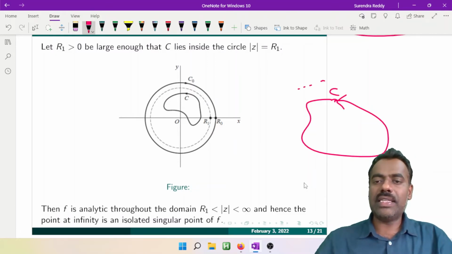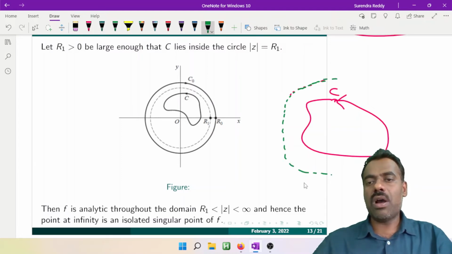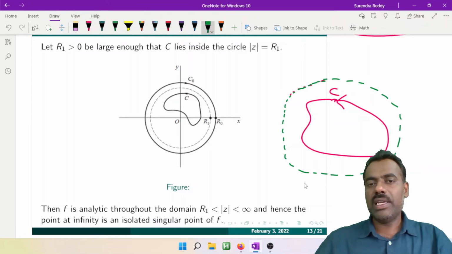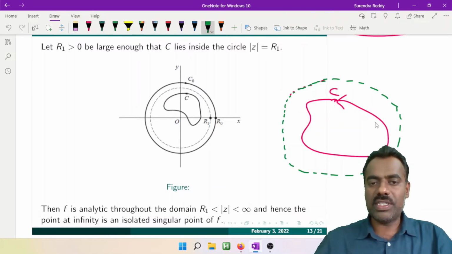We will take the radius R1 in such a way that when you take the circle around the origin, that circle completely encloses the given curve C. The origin may be outside, inside, wherever.